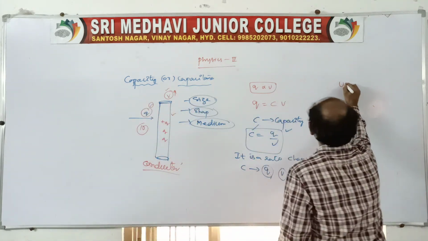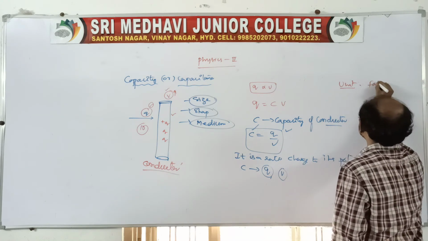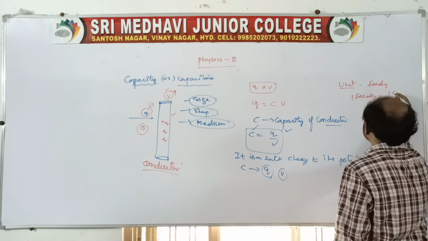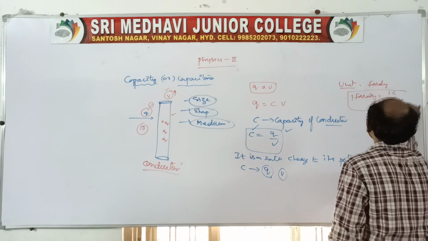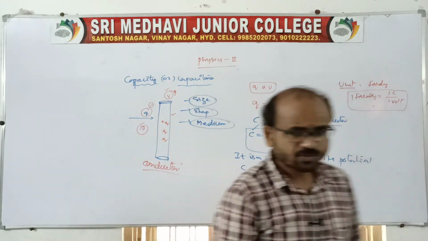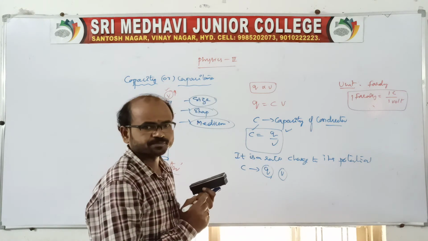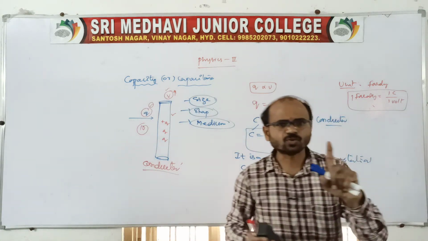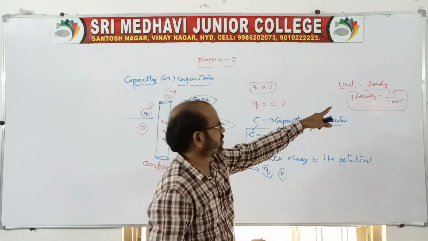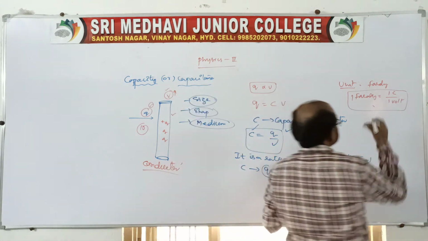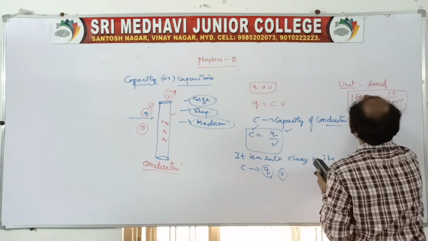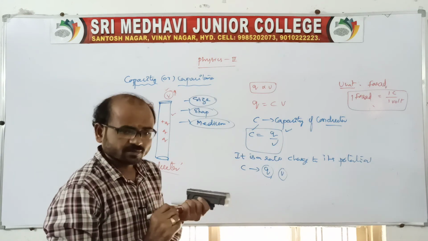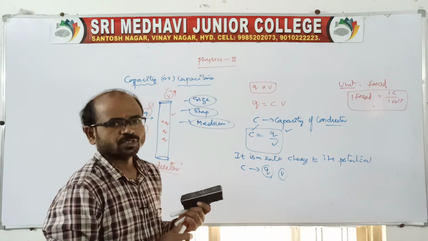The unit is nothing but the farad. So 1 farad is equal to 1 coulomb by 1 volt. 1 farad is defined as when 1 coulomb of charge is added, its potential increases by 1 volt. That is what we call the farad.